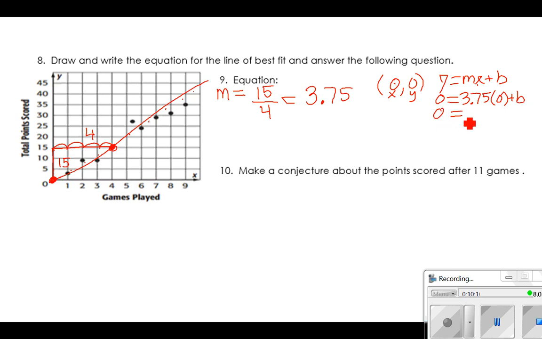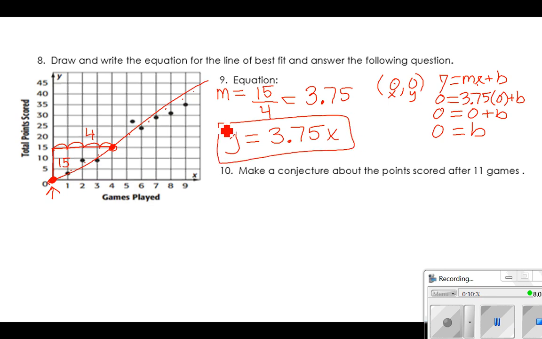So 0 equals 0 plus b, and I know then that 0 equals b. I already knew that because this is where it crosses the y-axis. So my equation would be y equals 3.75x plus 0, but I don't need the plus 0. As long as you have an m that is similar to this amount, the 3.75, you will get an accurate conjecture for the next problem.